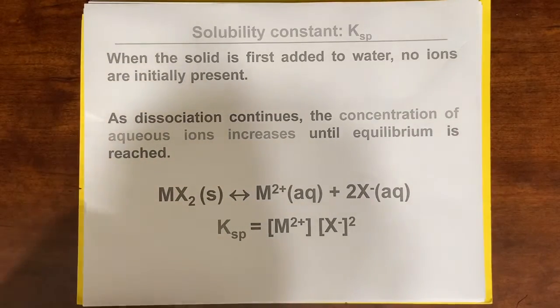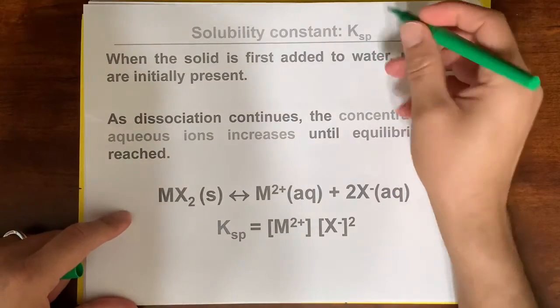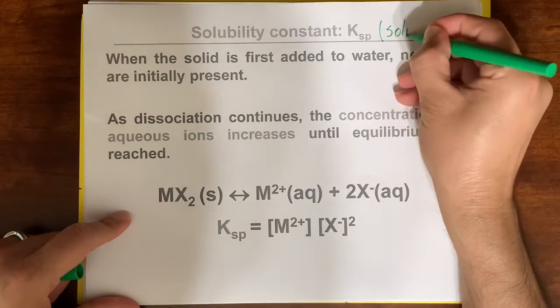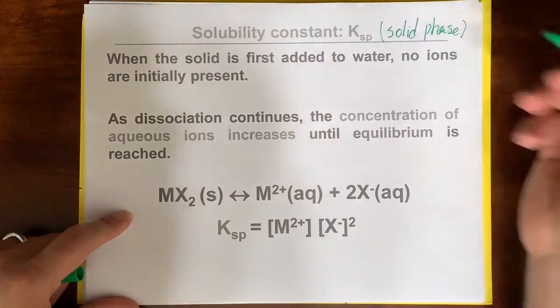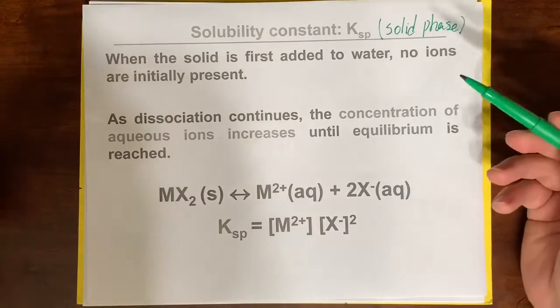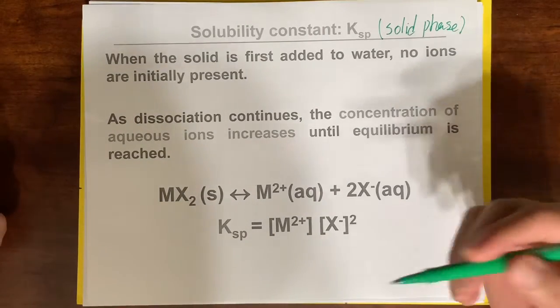When we say KSP, we are talking about the equilibrium constant for solid phase. The meaning of this is that you have an equilibrium in which there is a solid.